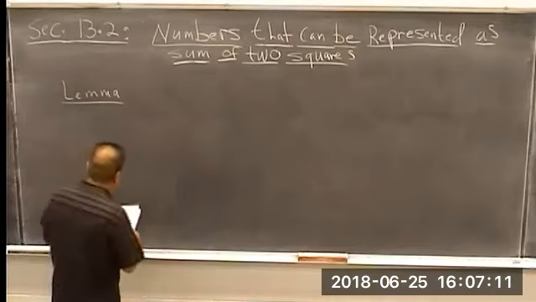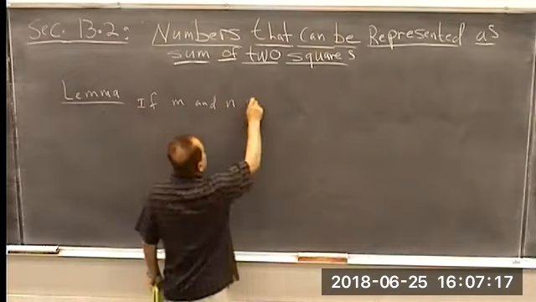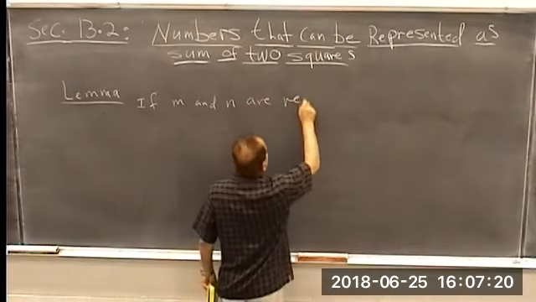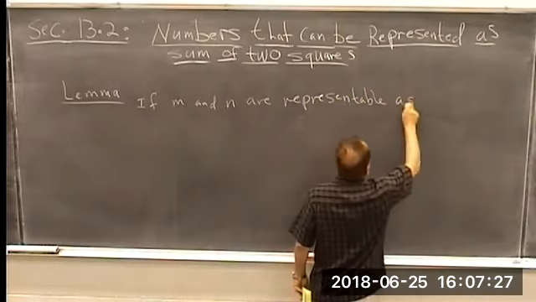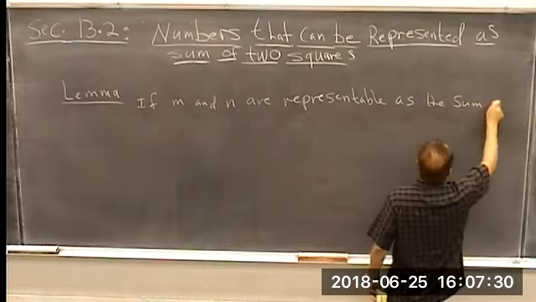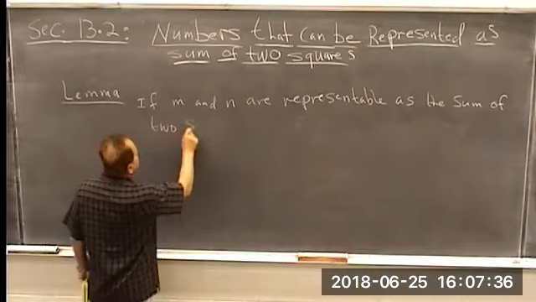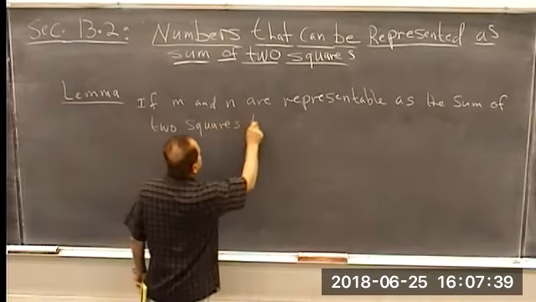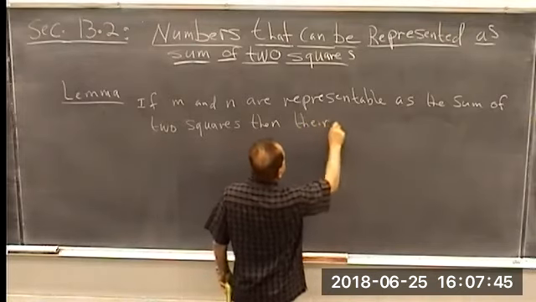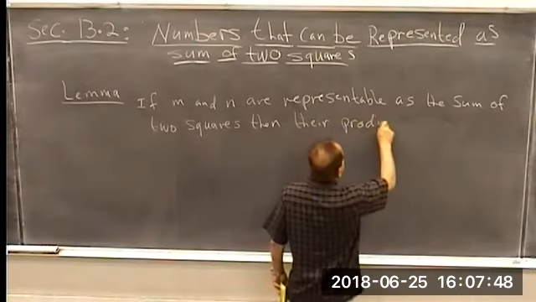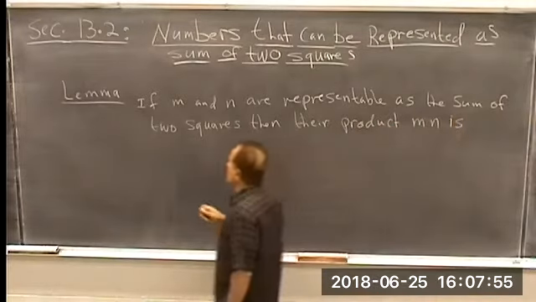It states this: if M and N are representable as the sum of two squares, then their product is representable as a sum of two squares.